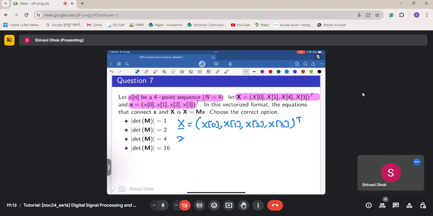These indicate the vector that stacks all the 4 values of the 4-point DFT. And let small x be a vector given as x of 0, x of 1, x of 2 and x of 3 transpose, and it is given that capital X is equal to M into small x. So this is basically the vectorized version of the DFT.